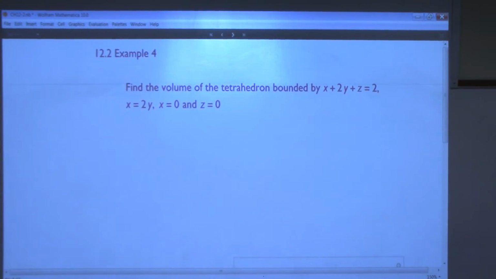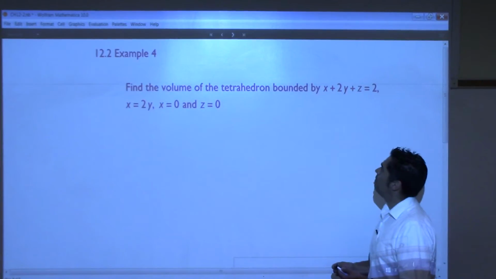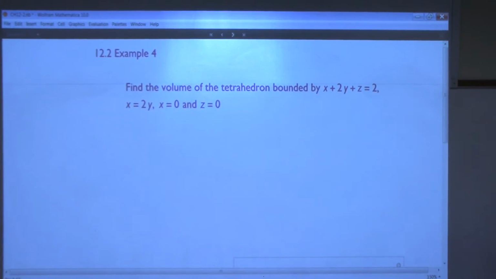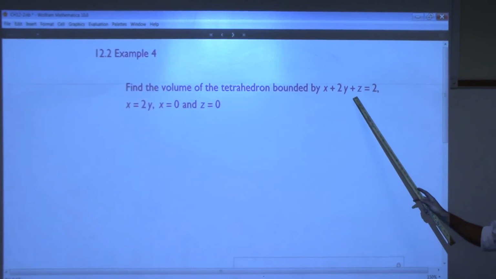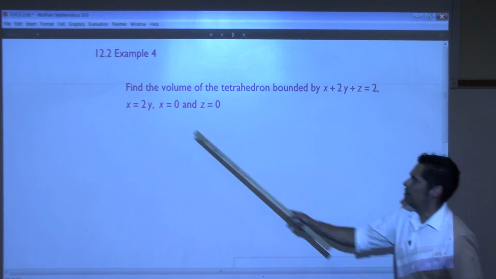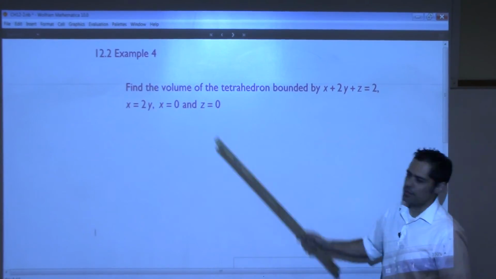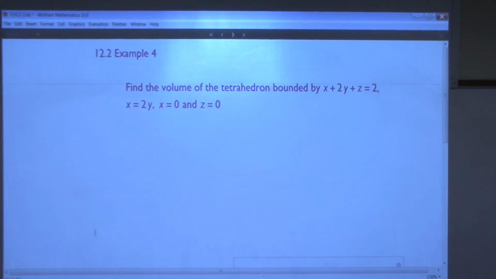Find the volume of the tetrahedron bounded by this, this, this, and this. And so what's a tetrahedron?